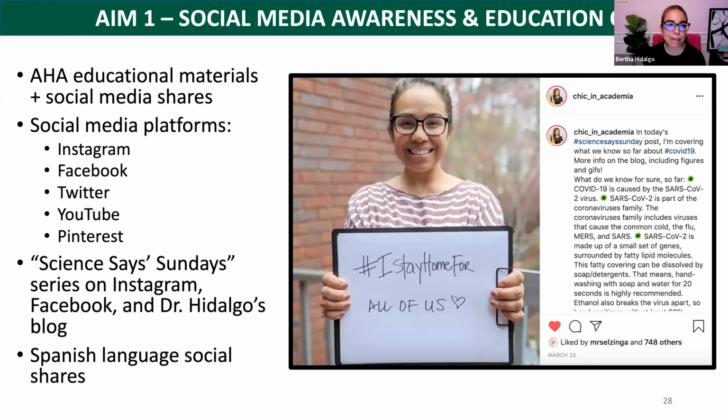So here's an example of work that I was doing prior to getting funded by the American Heart Association. This is me. I am no longer chic in academia. This refers to a little bit of branding. So I started my Instagram account sharing strictly sartorial information, how to dress for your job interview, how to get a $2 suit at the thrift store so that you can dress professionally on a graduate school budget. So this is sort of where I started.